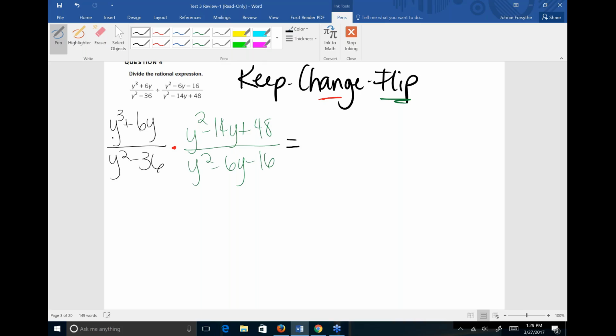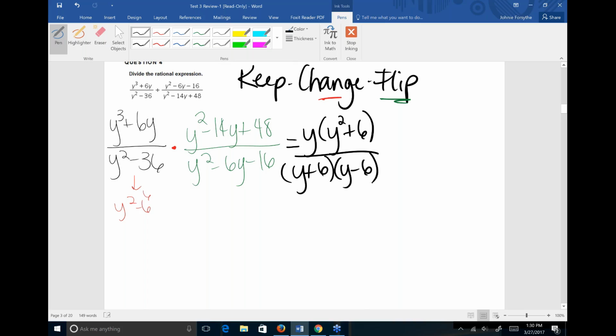So let's see, at the numerator in the first rational expression, we have a GCF of y, so I'm going to factor that out, and then I'll have y squared plus 6, and then at the bottom I don't have a GCF, but I do have difference of 2 squares. So this is the same thing as y squared minus 6 squared. So then that would be y plus 6 times y minus 6 times.